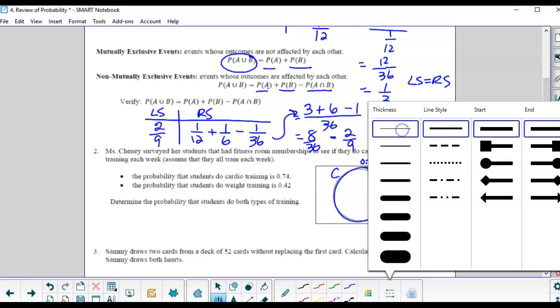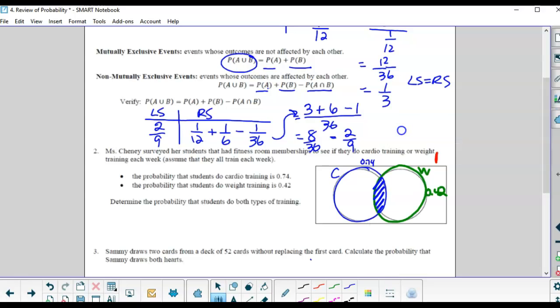So in terms of the formula, here we can call it C and W. So probability of C union W is the probability of C plus the probability of W minus the probability of C intersect W. Okay, and we want to find the overlap, so we want to solve for this.